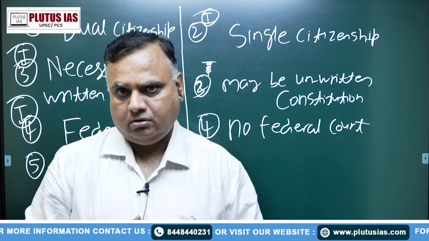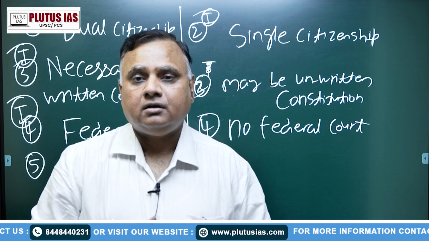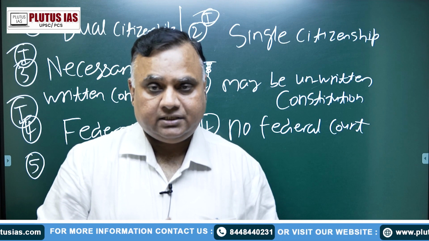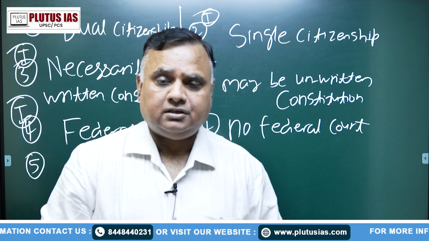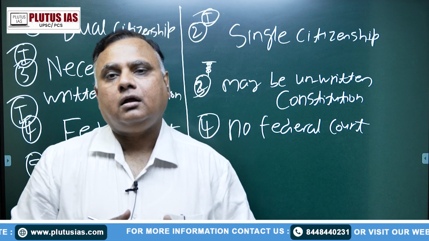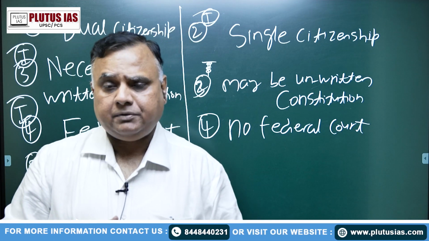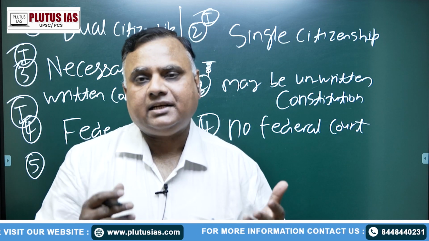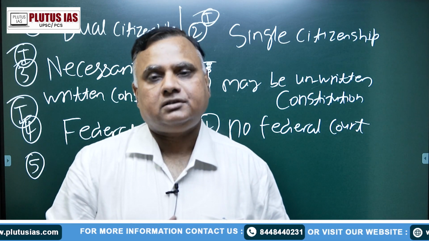Because no law by the central legislature can be made to encroach on the states, as they have representation. Senate in America, Rajya Sabha in India, Bundestag in Germany, they protect the rights and interests of the states.